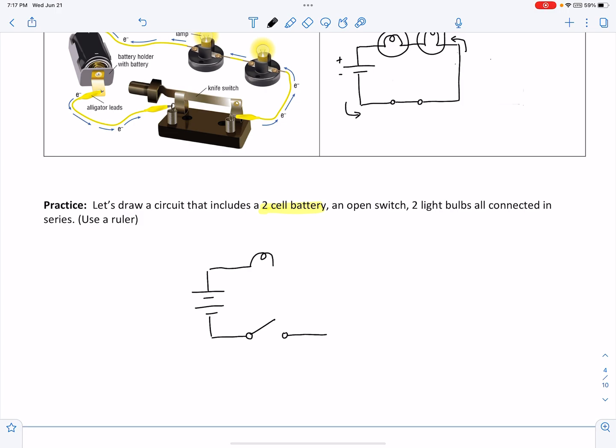When you're doing this on a test, I want you to make sure that you use rulers for all of your lines. Now, I could draw the light bulb here, or I can draw it at a different spot. It's still along the same path, so you can draw it in this direction. So we have 1 cell, 2 cell battery, open switch, and 2 light bulbs in series.